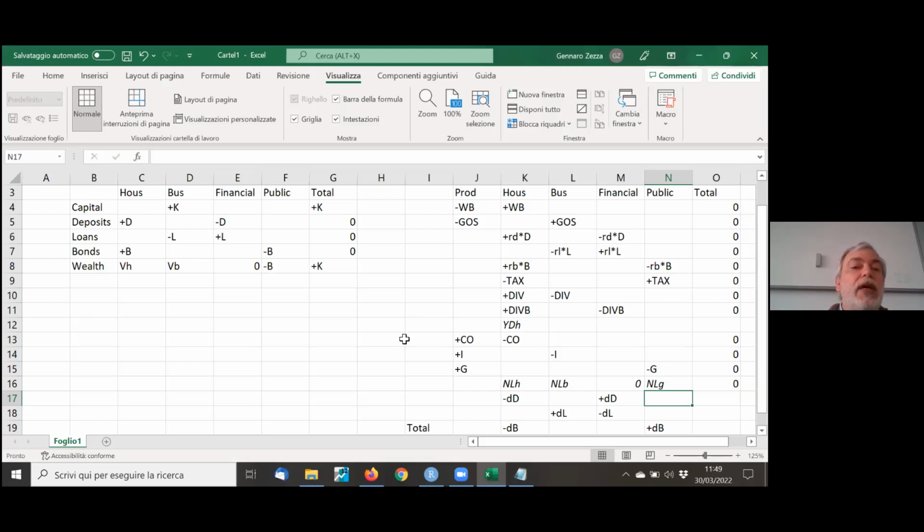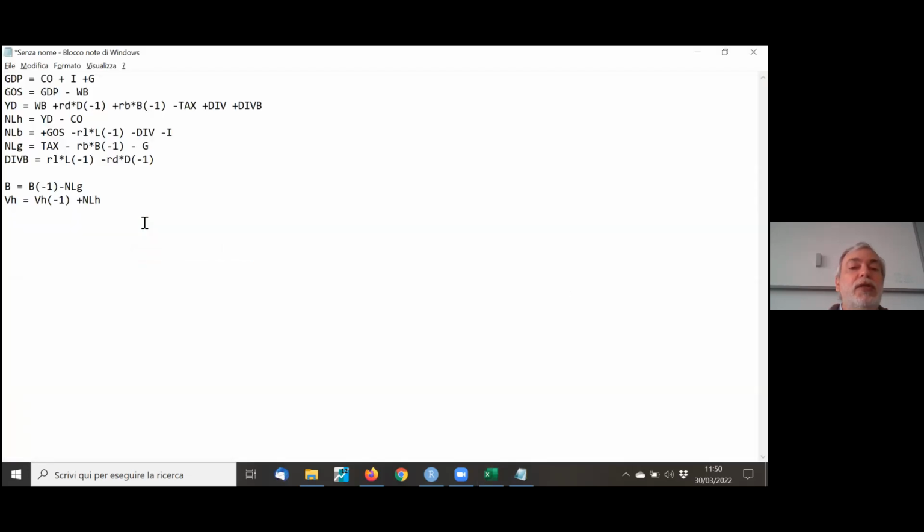So now we have endogenized this part and this part, so that the amount of deposits will be given. So the deposits can be obtained by the difference between the total wealth and the stock of bonds.